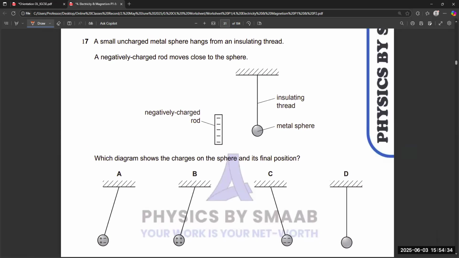Question number 17. A small uncharged metal sphere hangs from an insulating thread. A negatively charged rod moves close to the sphere. Which diagram shows the charges on the sphere and its final position?